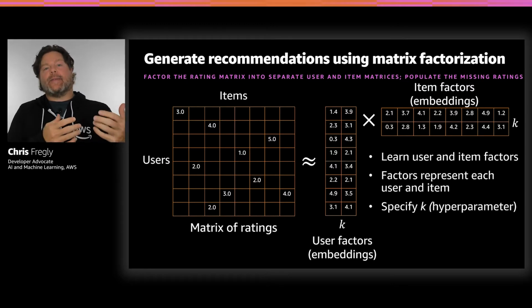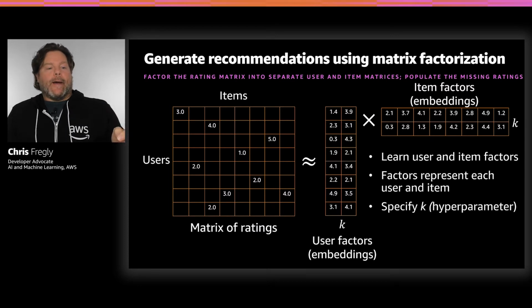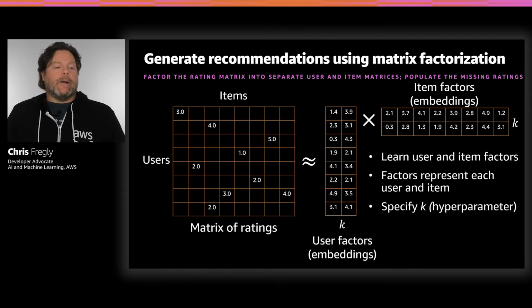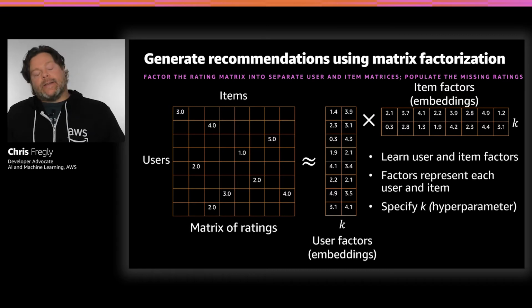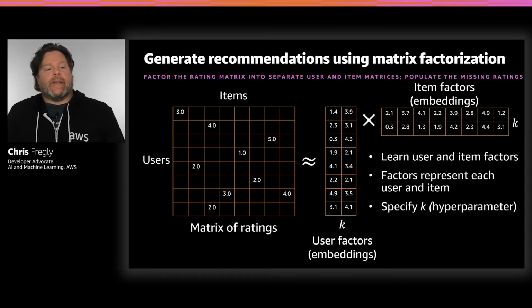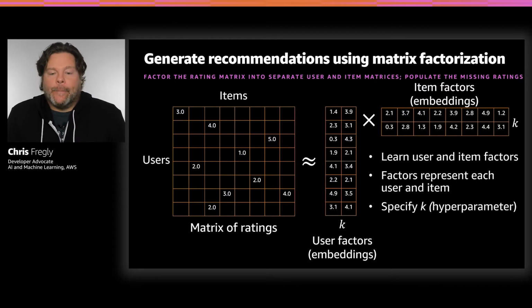This is feedback that the users have given to the system, and have actually said, for this particular item, let's say a movie, that user chose to give it a 3.0. Another movie, a different user gave 4.0, and so on and so on. So each row is a user, and each column on that left matrix is a movie item, for example.